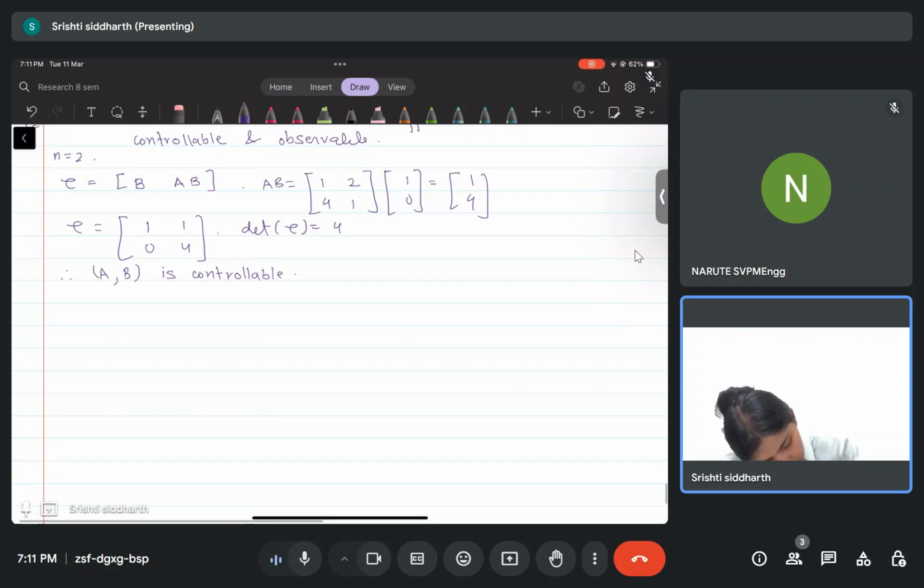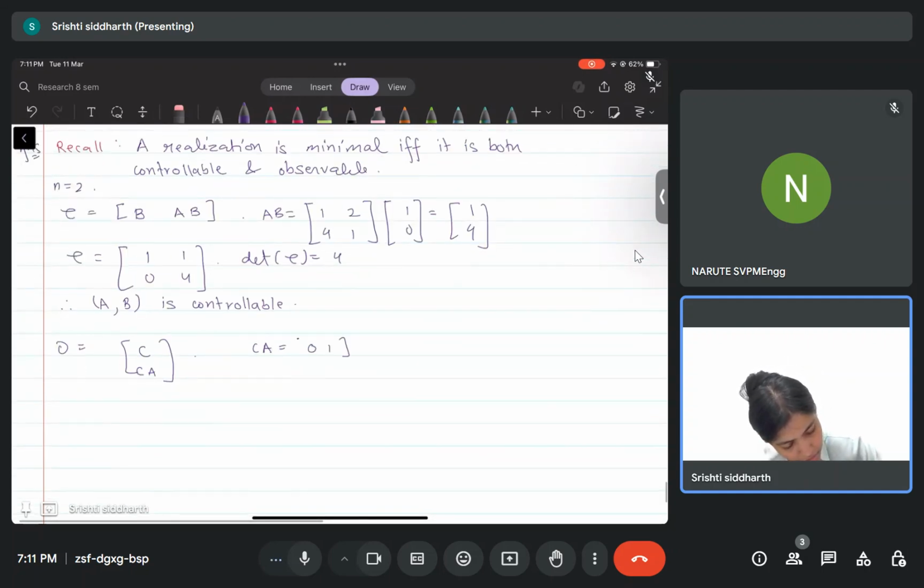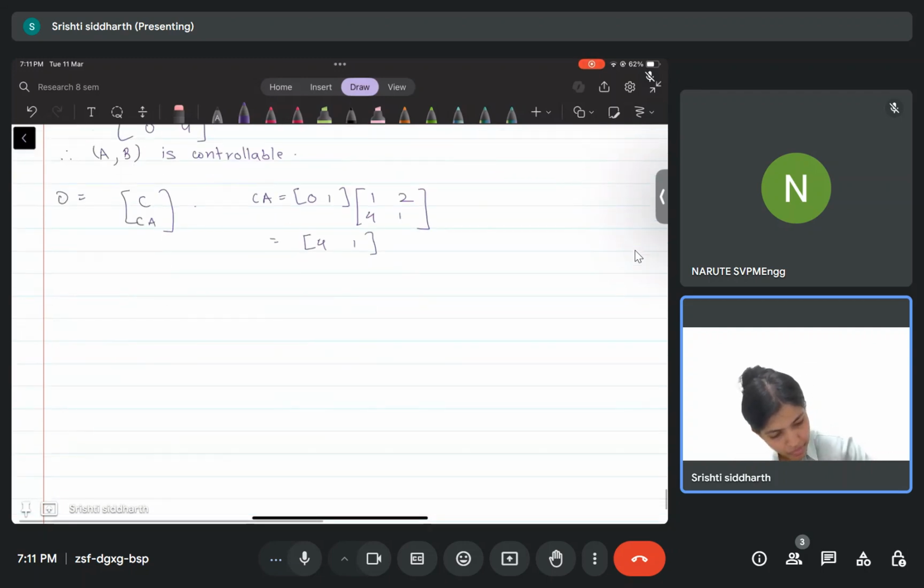Let's check the observability matrix, where we have C and CA. C is 0, 1, it is simply the second row. CA is 4, 1. The observability matrix is [0 1; 4 1].